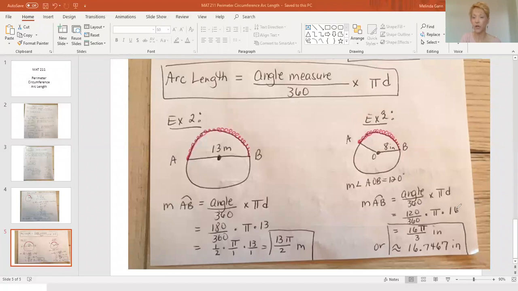If you put those two numbers over 1 and you go straight across the top and straight across the bottom and you reduce it, you'd get 16 pi over 3 inches. Then if you replace that pi with 3.14, this would be your decimal approximation. 16.7467 inches.